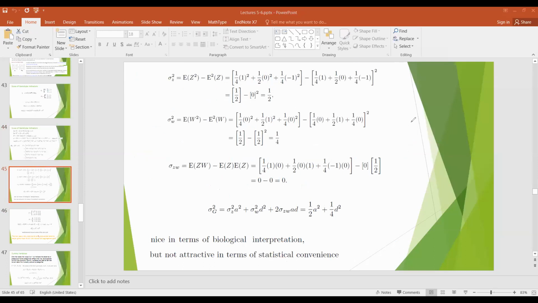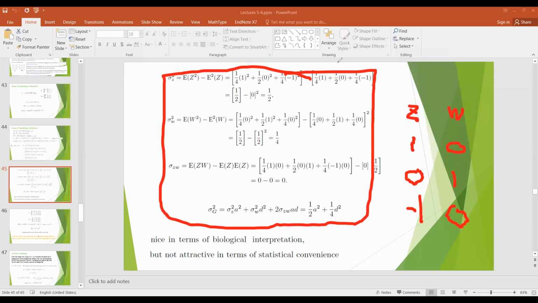I hope you still remember, we use Z to represent the random variable associated with the additive effect. For the first genotype A1, we use positive 1. Heterozygous, we use 0. And for the other homozygous genotype, the third one, we use -1. But when we use the W random variable to represent the design matrix for the dominance effect, we use 0, 1, and 0.